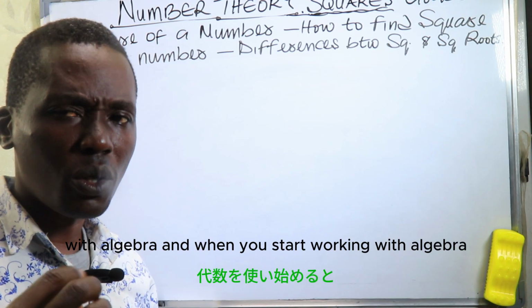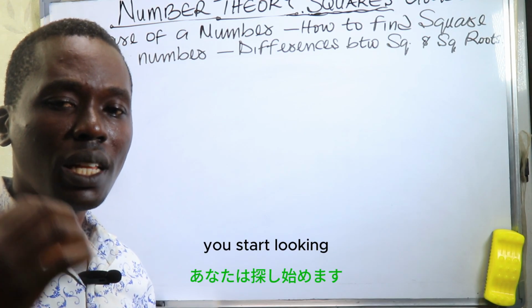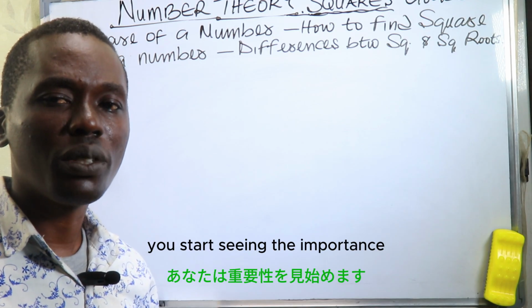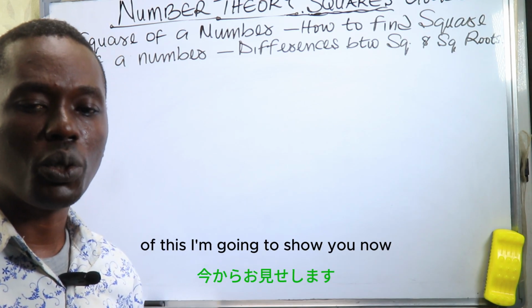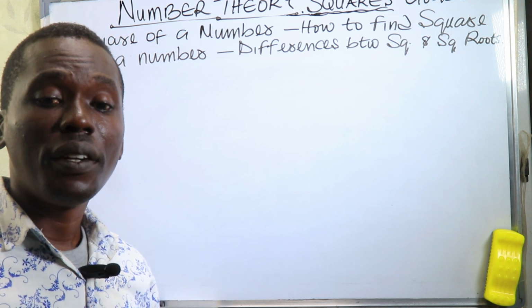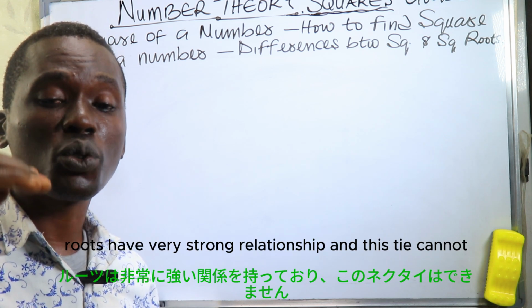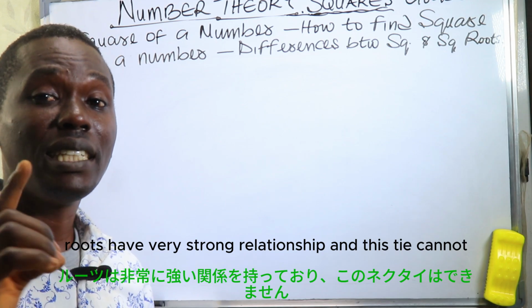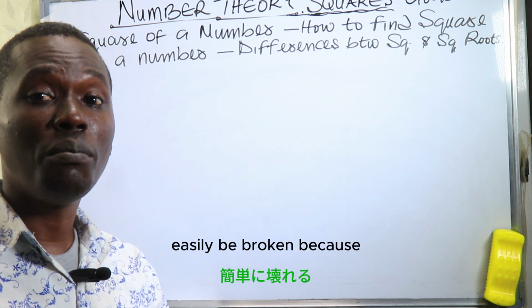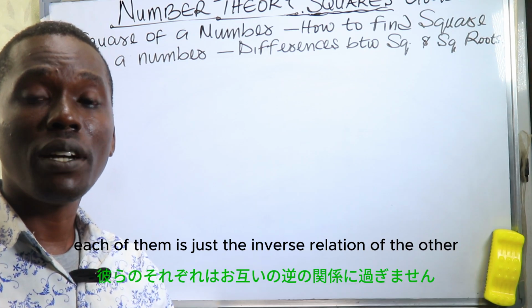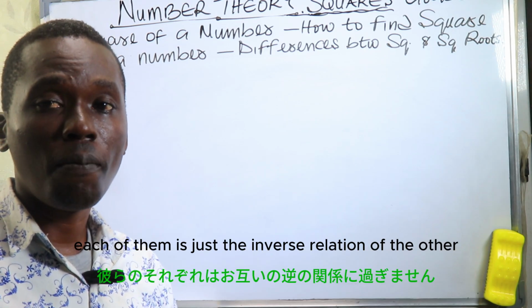When you start looking at simple equations in algebra, you start seeing the importance of this. The squares and square root have a very strong relationship, and this tie cannot easily be broken because each of them is just the inverse of the other.